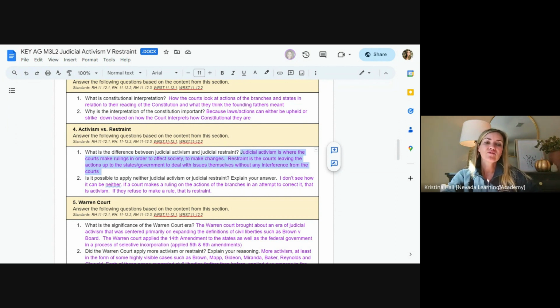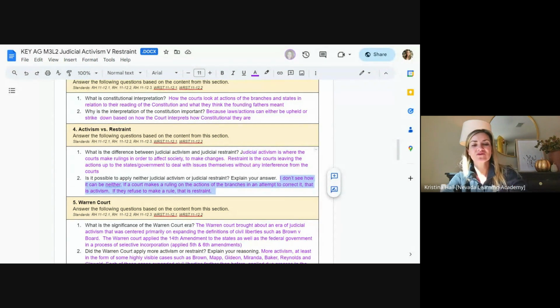Is it possible to apply neither judicial activism nor judicial restraint? I don't think so. I don't think it's possible to not do either. I think you're always either looking for change and justifying your action as a judge, or you're saying, no, this is clearly not a decision that the courts have the authority to be making.